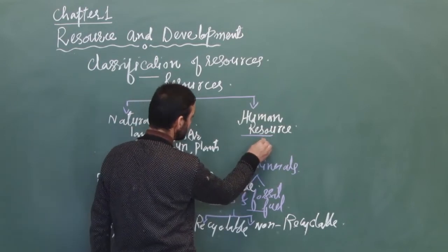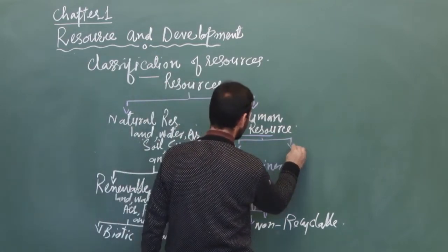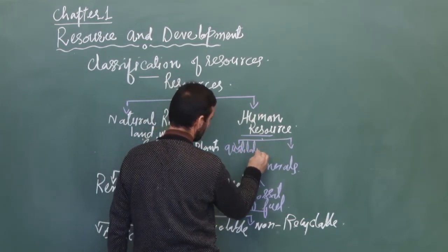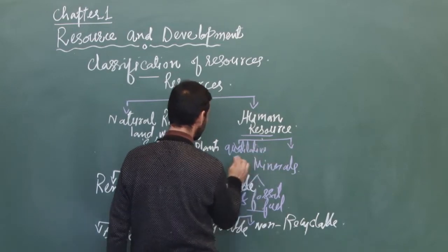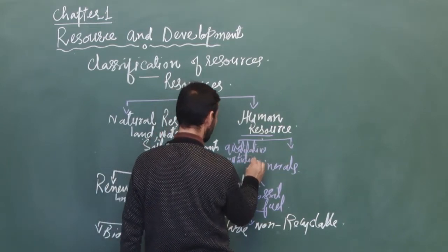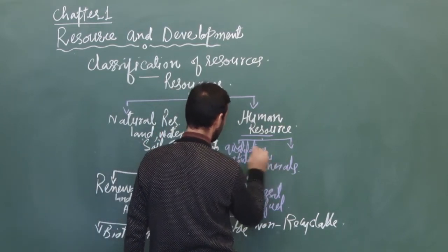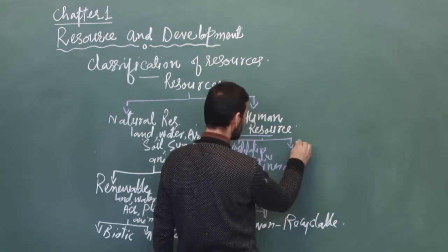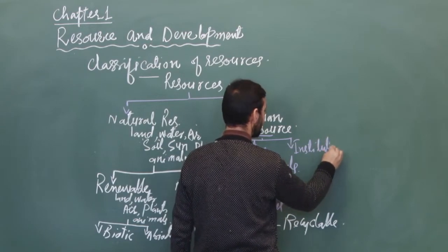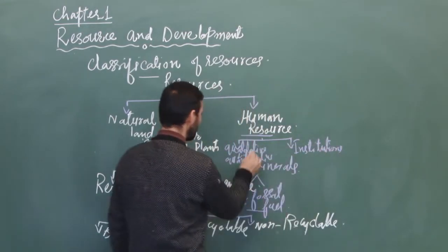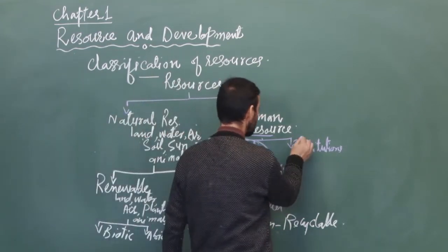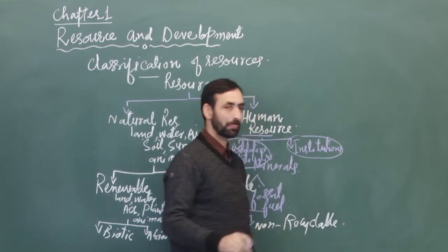They are categorized into two types: one is qualitative and quantitative resources, and second is institutions. In human resources, there are some institutions.